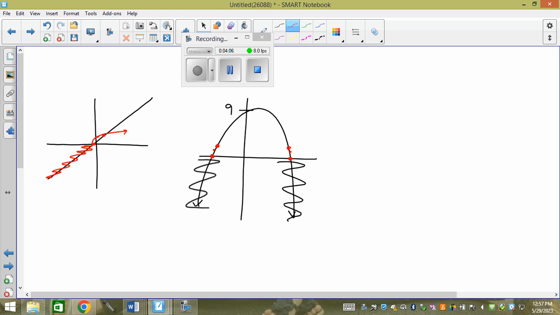And 9 would drop down to where? That's not at all drawn to scale. To 3. And it would go like this. So what would my range be for this one? Between what? 0 and 3.